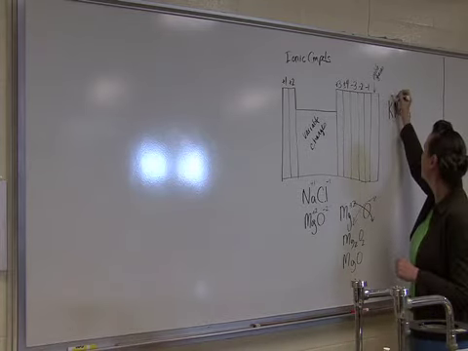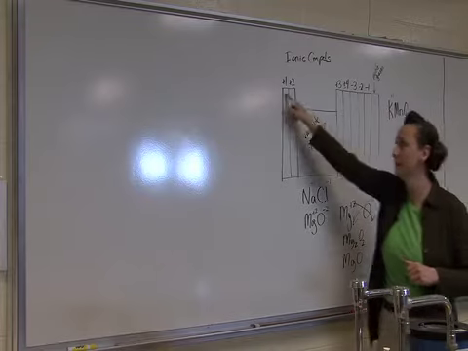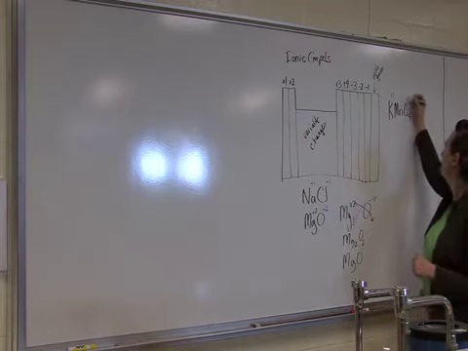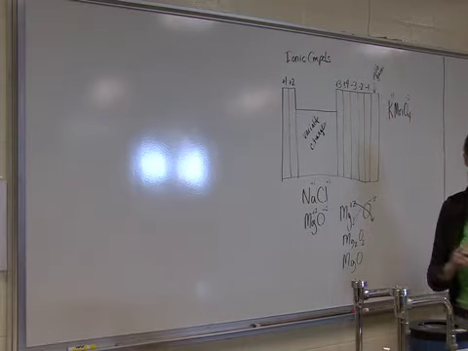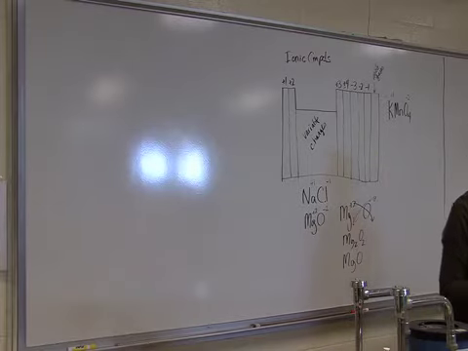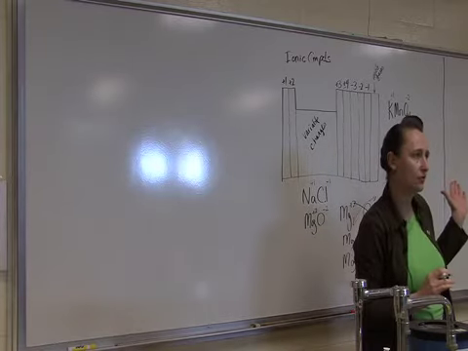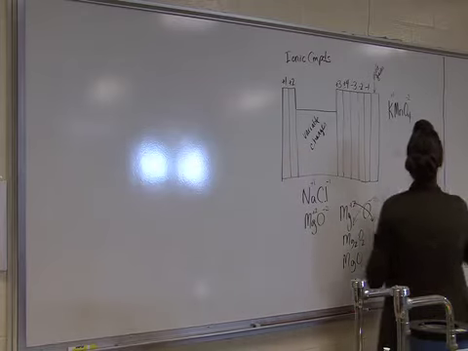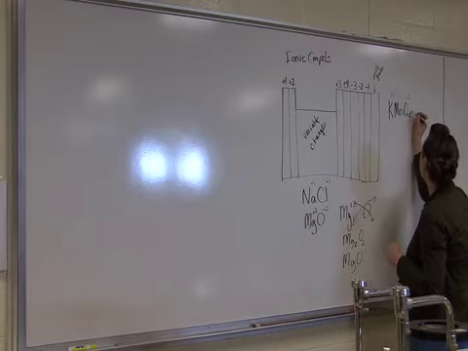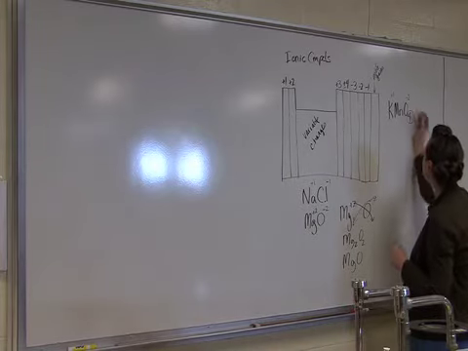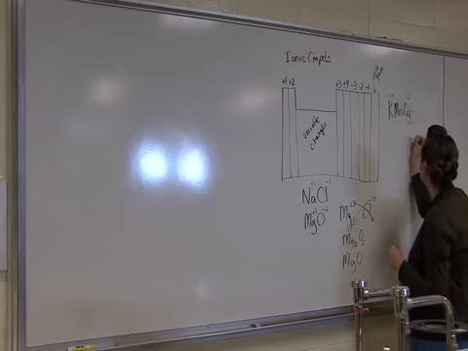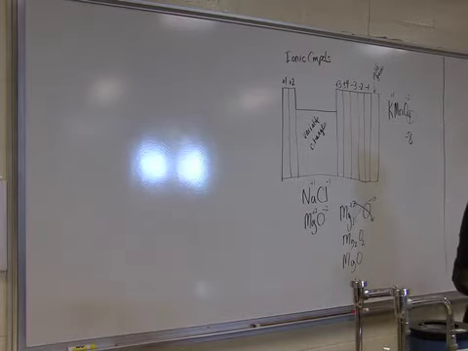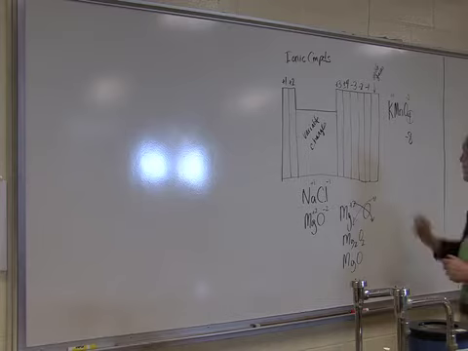Potassium should be a +1 because it's in group 1. Oxygen is a -2. Now, all the charges have to balance out because this is a neutral compound. So I have 4 oxygens at -2 each, gives me a total contribution of a -8 charge.